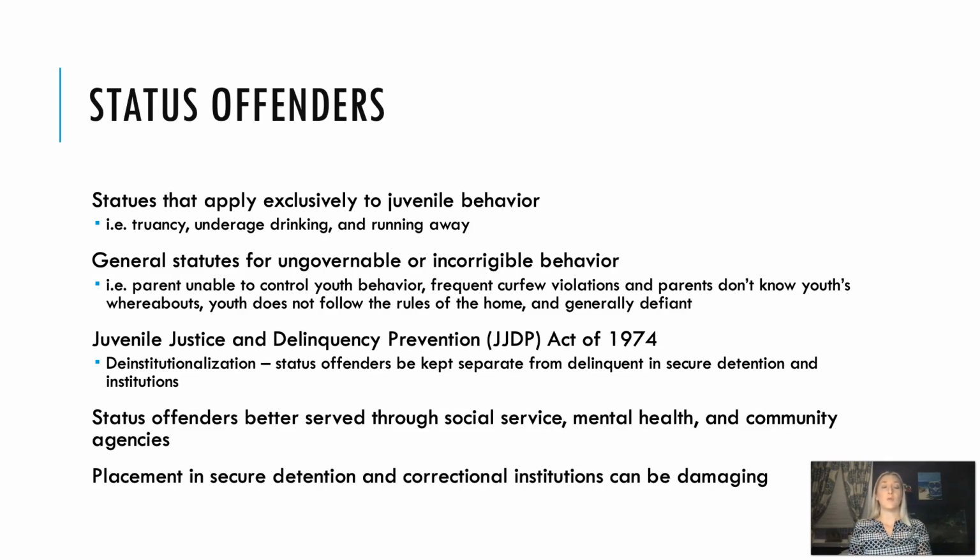So this act said we need to take those status offenders out of these institutions and keep them separate from juvenile delinquents, because we found that placement in secure detention and correctional institutions could be damaging to status offenders. So status offenders are really better served through social services, mental health, and community agencies. It is important to know, though, that most status offenders are still served through our courts in the majority of the states in the United States.